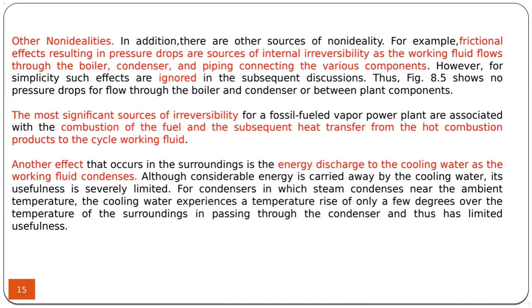There can be irreversibilities in transferring the fuel energy to the water because, as I already mentioned, almost 90% of the fuel energy is transferred to the water. The remaining 10% has to be rejected from the stack. So these are the other types of non-idealities or irreversibilities that can affect the efficiency of a system.